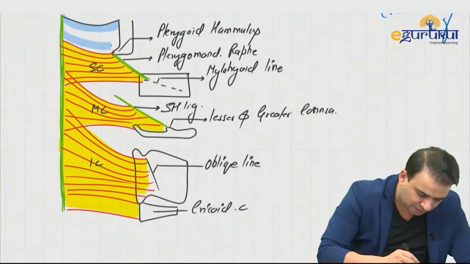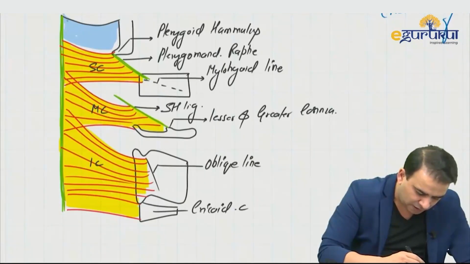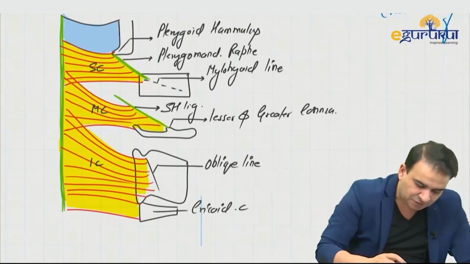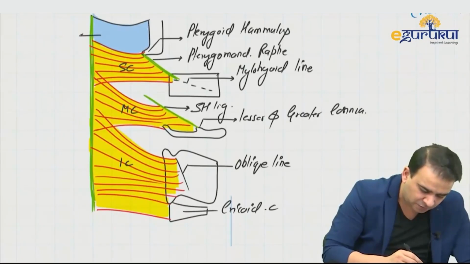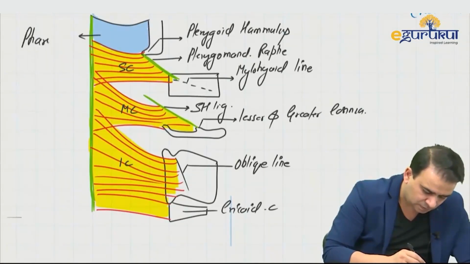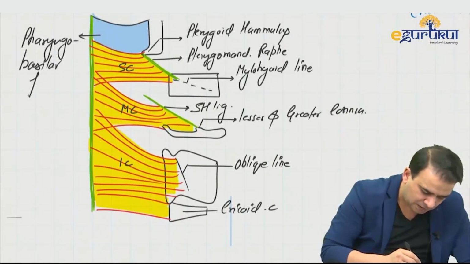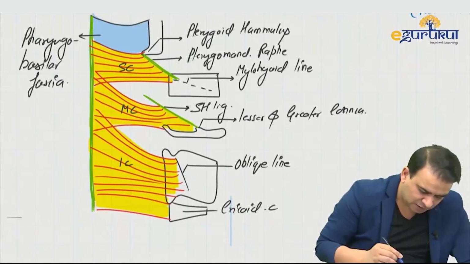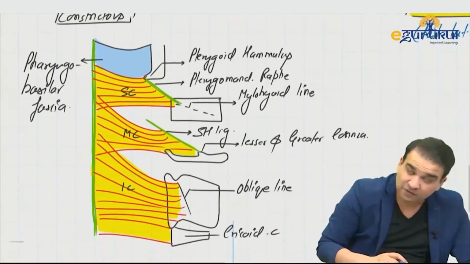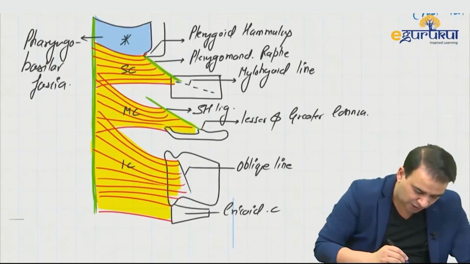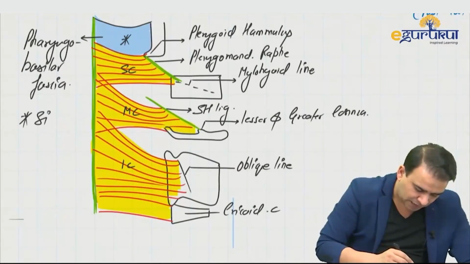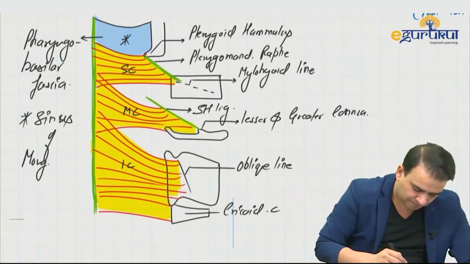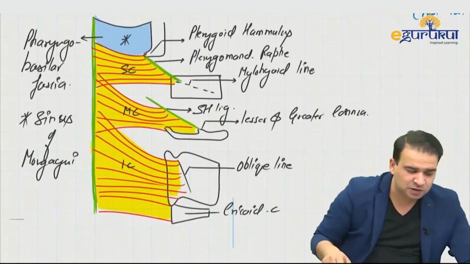Between the base of the skull and superior constrictor, there is a space here, and this space is covered with the fascia. The fascia is called the pharyngobasilar fascia, and the space covered with the pharyngobasilar fascia is called the sinus of Morgagni.